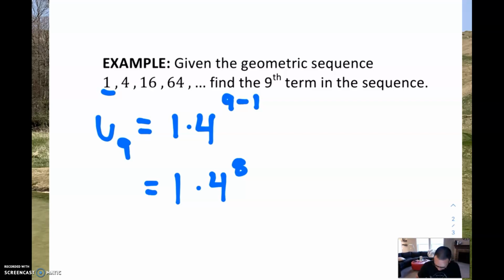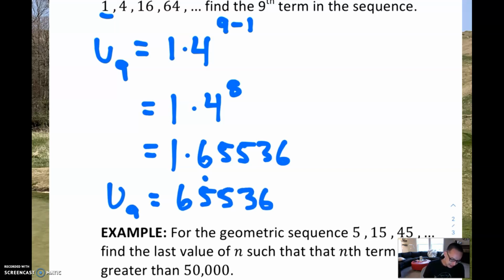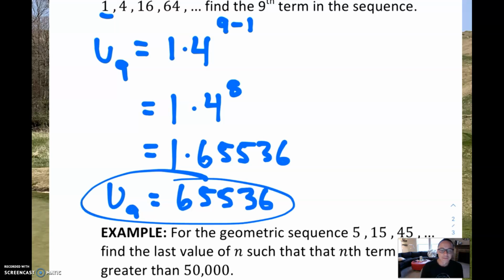We have 4 to the 8th power, and that's going to give you 65,536. And of course, if you take 1 times that number, we just get the same number. So 65,536 is the ninth term in that sequence.